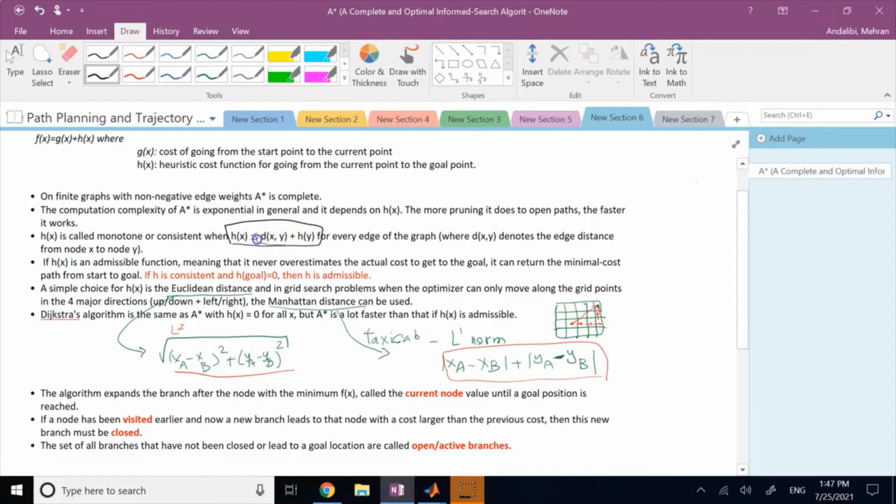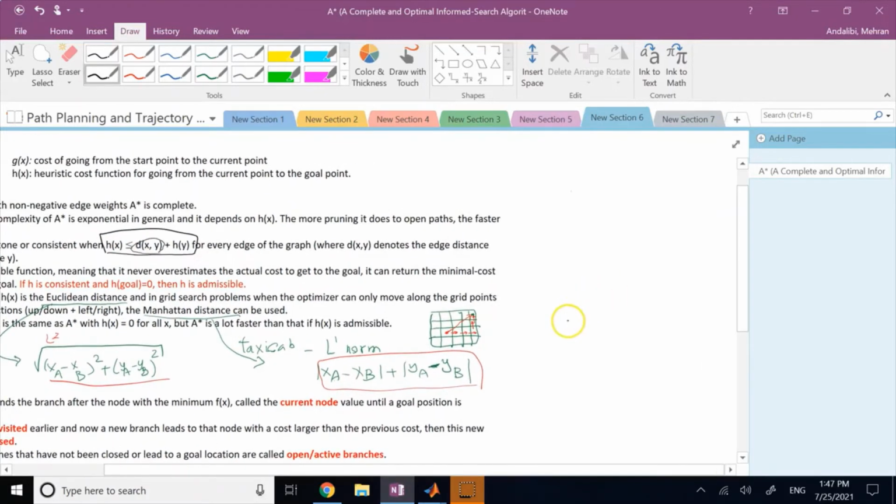So if you have chosen this D to be the actual distance along the edge, then definitely, in Euclidean space, if you want to go from point 1 to point 3 and you go straight, this L13 is definitely less than or equal to what? L12 plus L23, correct? The straight path is always the shortest distance. One side of a triangle is always less than the sum of the two other sides, right?